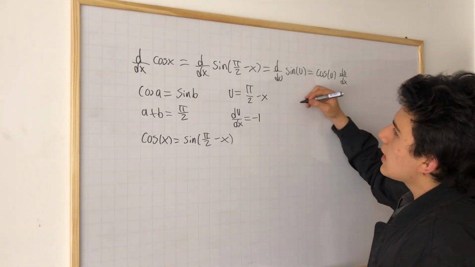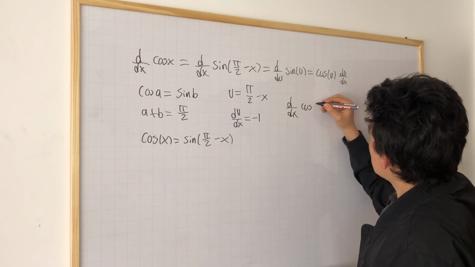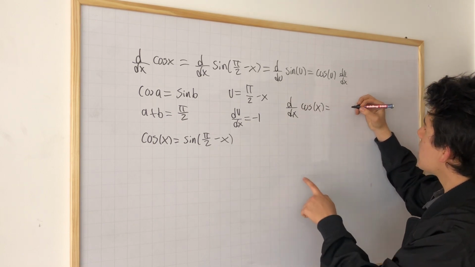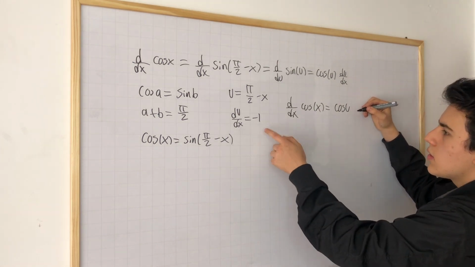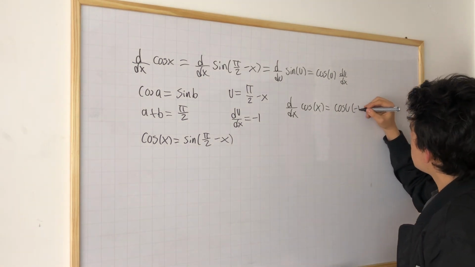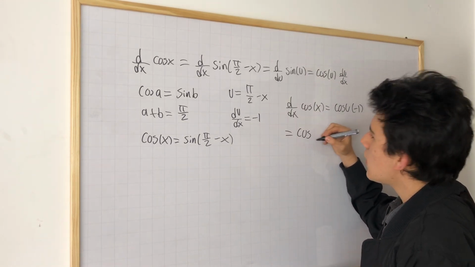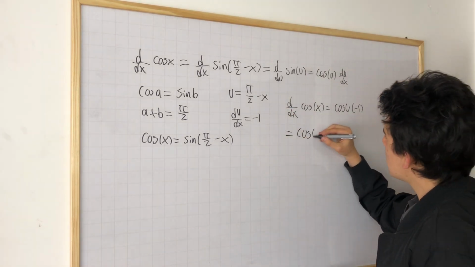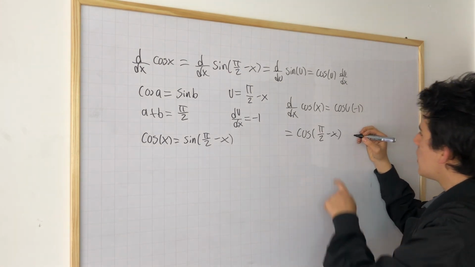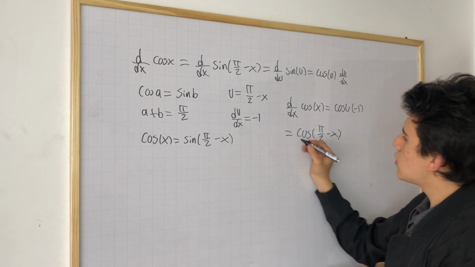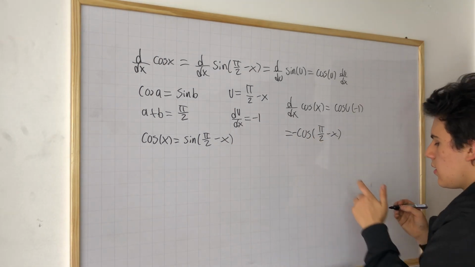So the derivative of cosine of x can be written as cosine of u, and we're going to plug in u later, times negative 1. And this is going to be equal to cosine of, how much is u? Pi over 2 minus x, times negative 1, which is just going to give us negative cosine of this complement right there.